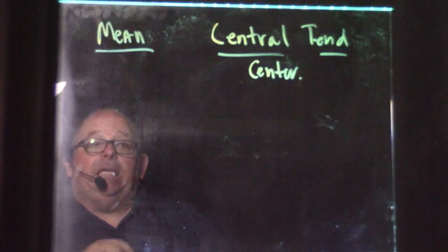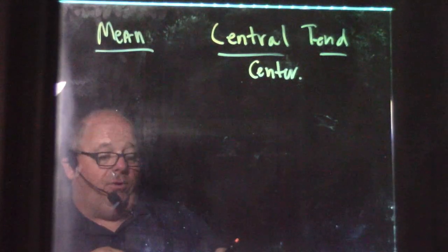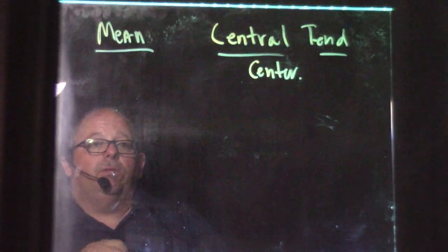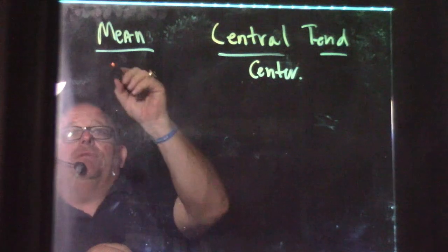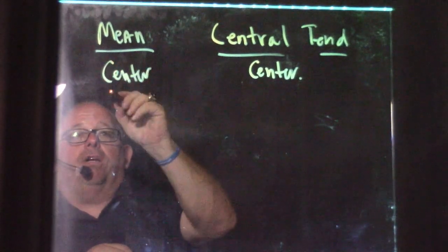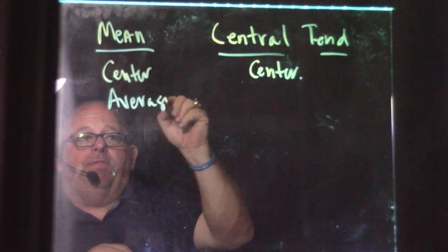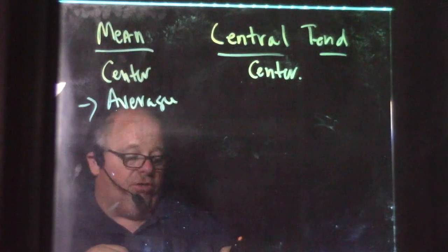The mean describes an entire sample with a single number that represents the center of the data. We're also talking about the average. That is the true definition of arithmetic average.